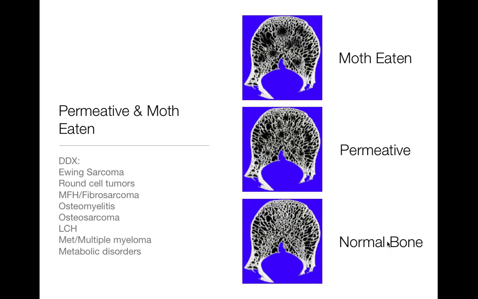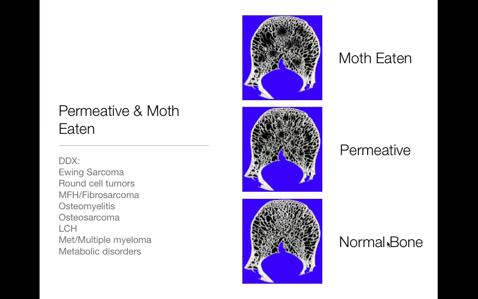Differential diagnosis for these lesions, both permeative and moth-eaten lesions, are all nasty things. So when you describe something as permeative and moth-eaten, you're going to be thinking of aggressive lesions. So Ewing sarcoma, round cell tumors, lymphoma, leukemia, all those are going to be on here, and a favorite appearance of them is diffusely growing and infiltrating throughout the bone. Again, osteomyelitis is on here.